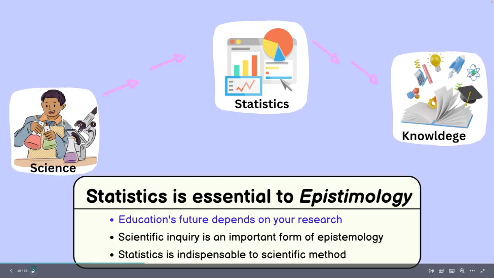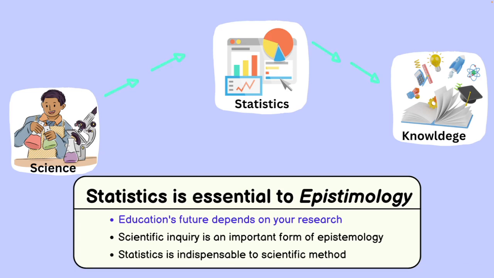Now, when we're talking about the statistics, it's important to understand the reason why statistics is so important to not just educational research, but research in general. Scientific inquiry is a very important form of epistemology. It is one of the main ways by which we gain knowledge.